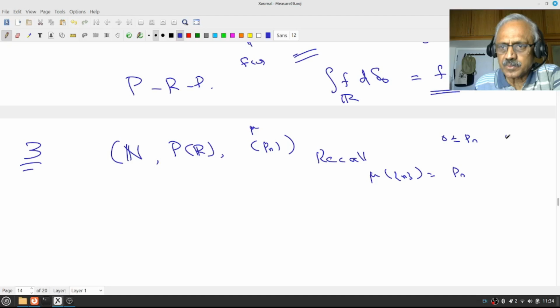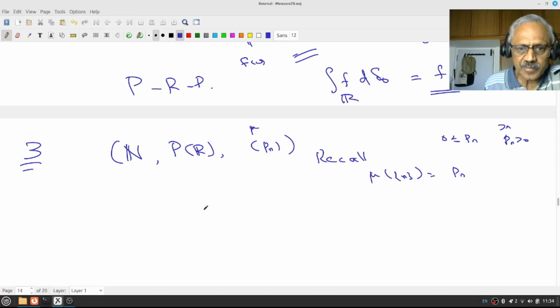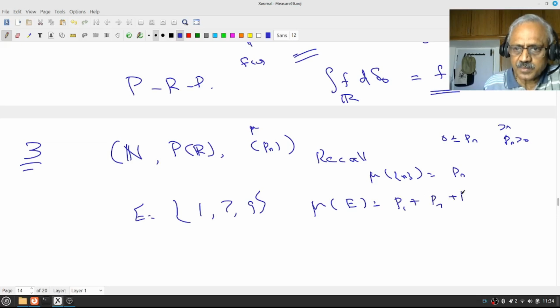We will assume pn is nonzero at least for some n. Otherwise it will be the 0 measure always. Therefore if I have something like 1, 7, 9, this set is my E. What is this measure? Mu of E will be p1 plus p7 plus p9.